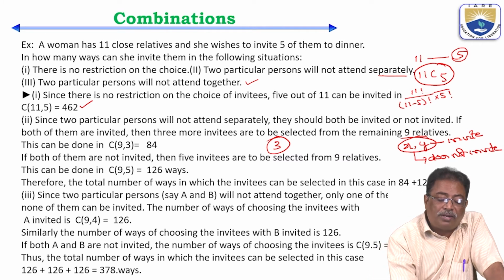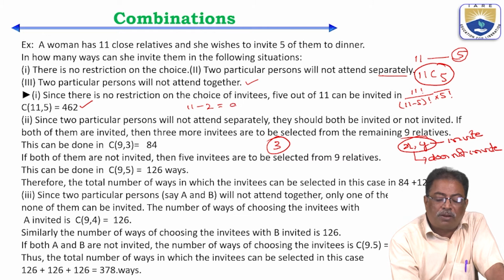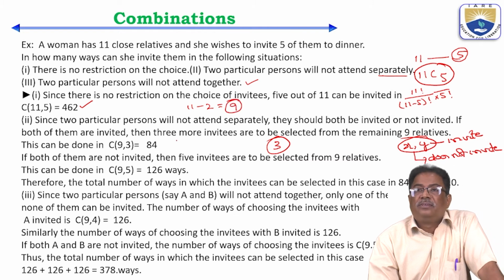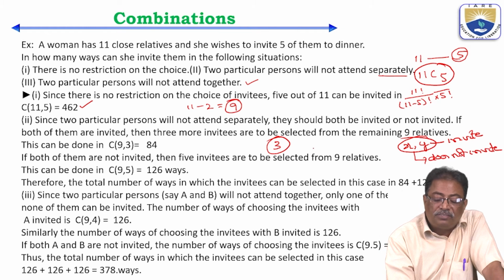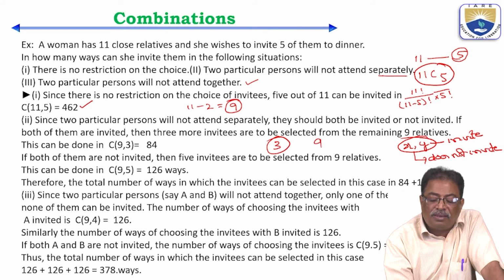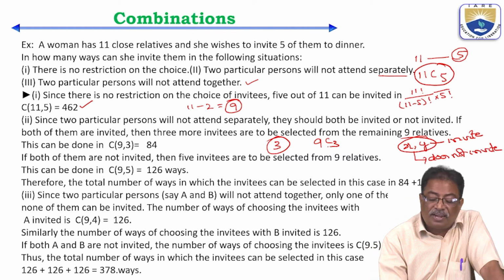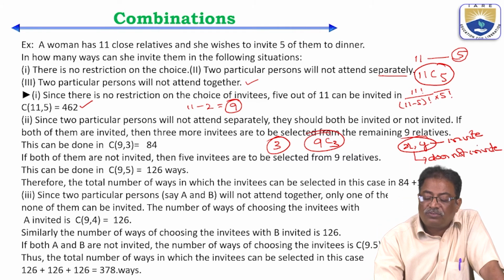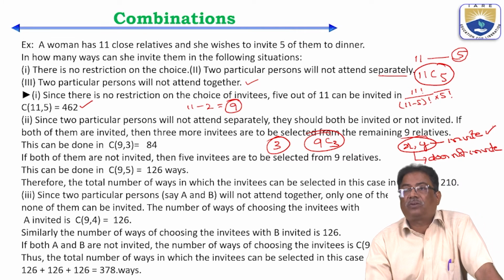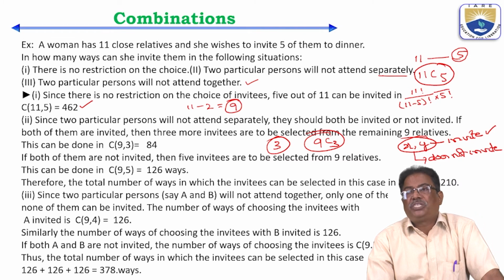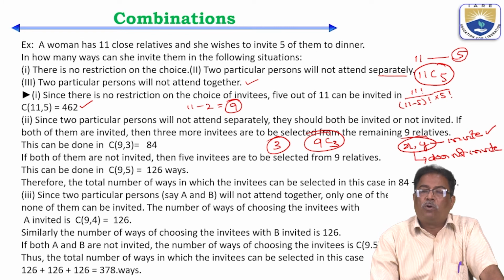So 2 people are already selected, which means 11 minus 2, the total number of remaining people is only 9. So from the 9 people, she has to invite 3 among them. So how many ways? 9C3 ways. So this is the first particular case. That means she is going to invite both of them.